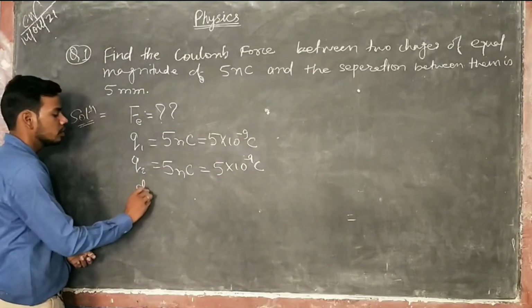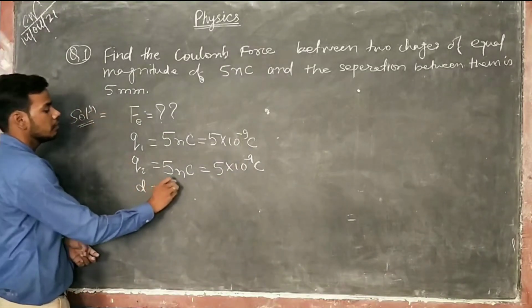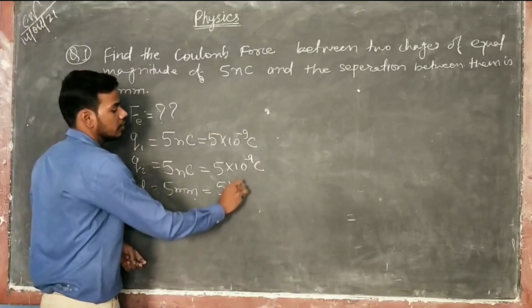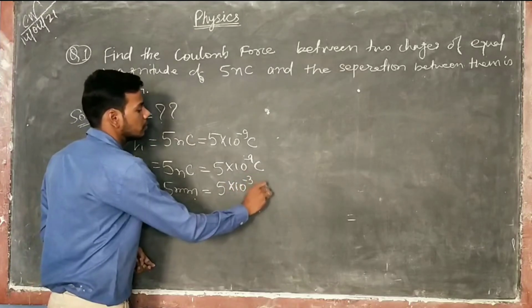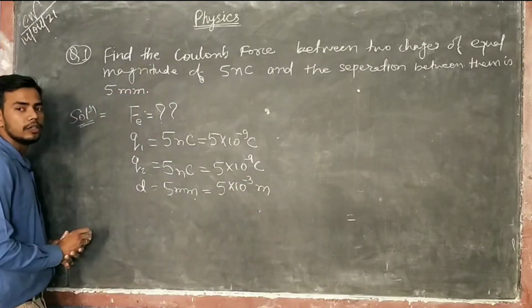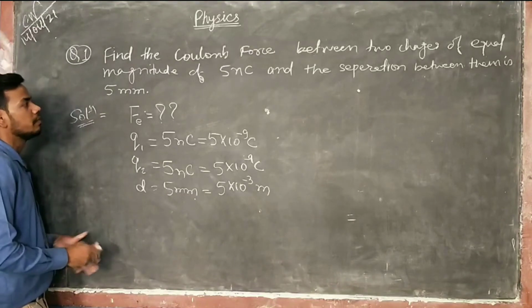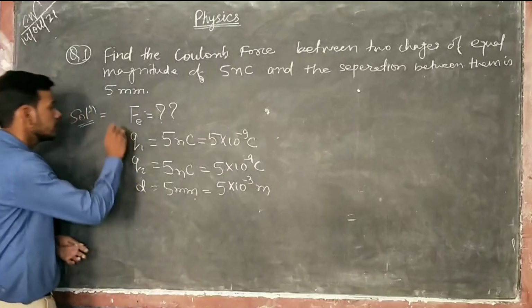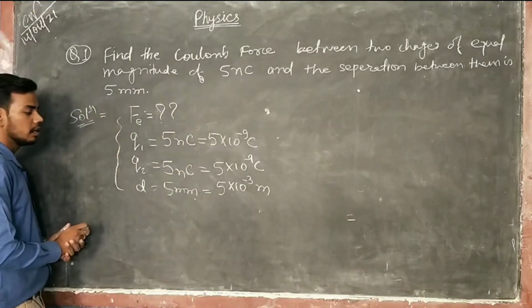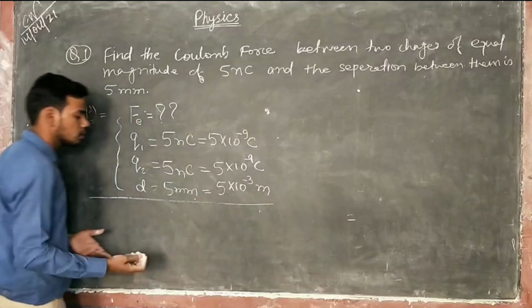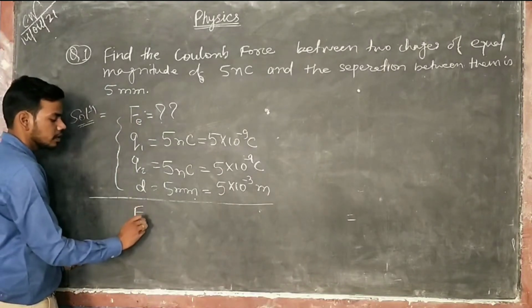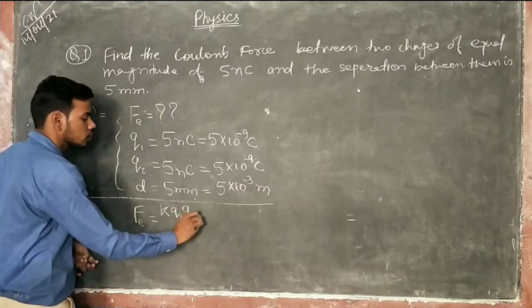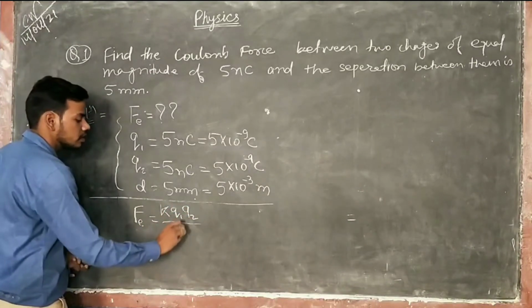Lastly, we have to put the distance. The distance is 5 millimeter, and the millimeter can be taken as 10 to the power minus 3 meter, so 5 into 10 to the power minus 3 meter. That will be the conversion of millimeter into meter. Now, if we have collected this data, then we can go directly to the formula, and our formula is Fe equals K Q1 Q2 upon D square.